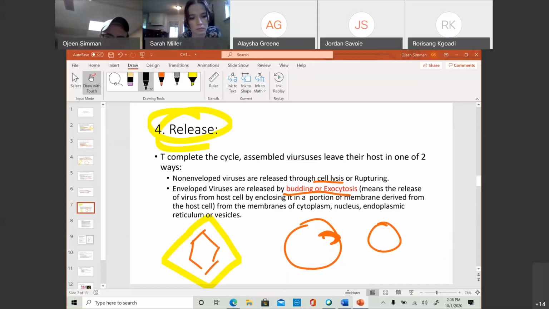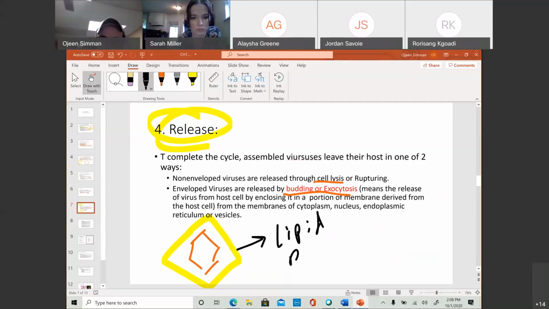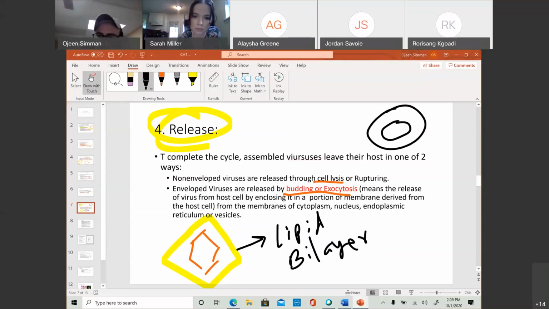This envelope is a lipid bilayer, and they can get this from the host cell plasma membrane, or from the host cell nucleus, because remember that our nucleus is also surrounded by a lipid bilayer. Okay.